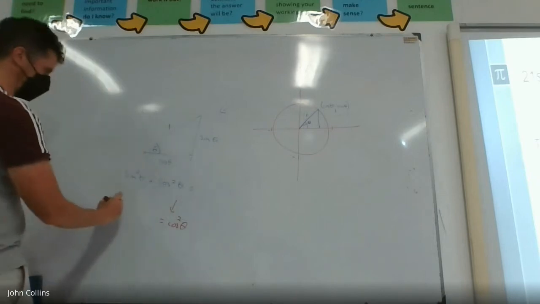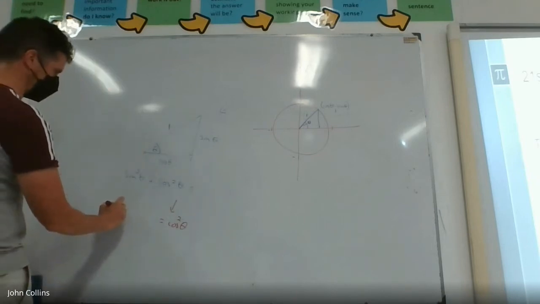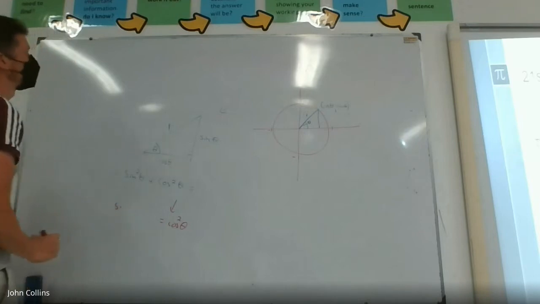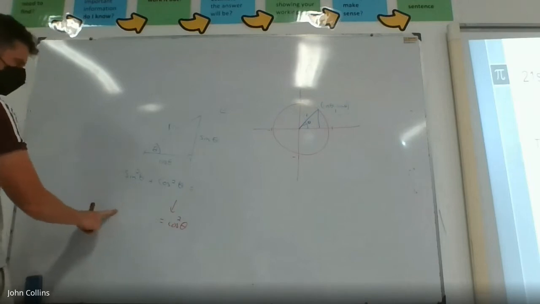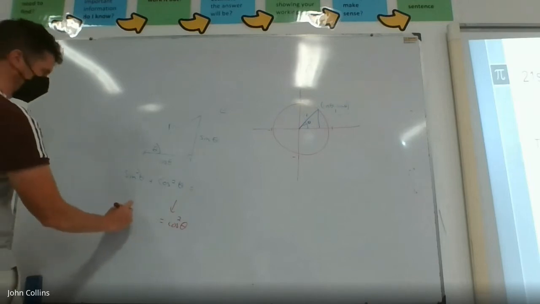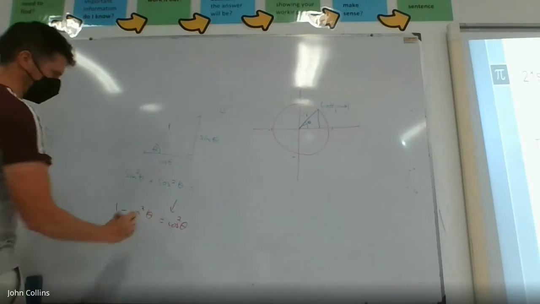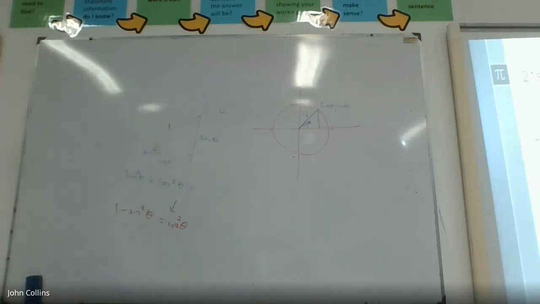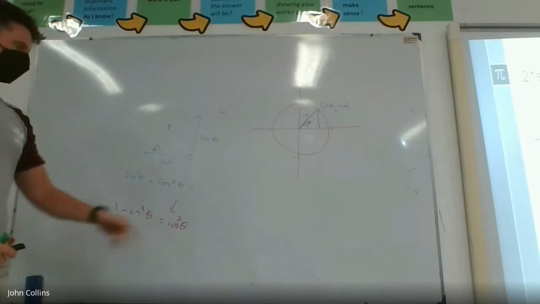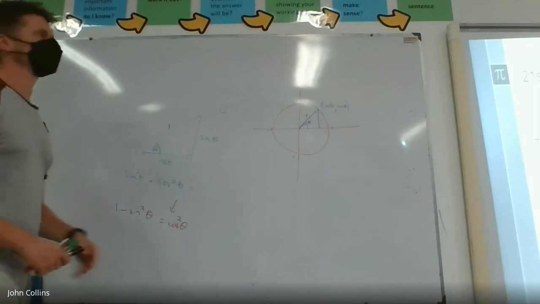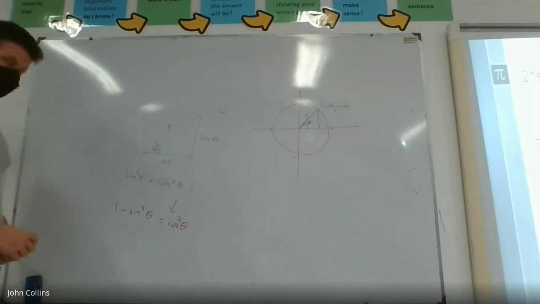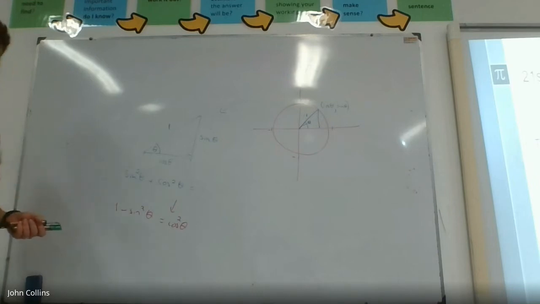Cosine squared theta is 1 minus sine squared theta. And other rearrangements such as that. So just subtract sine squared from both sides, and you get that, and you get the same for cosine squared. So there's always a direct relationship between sine and cosine.